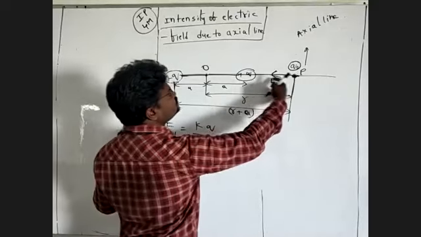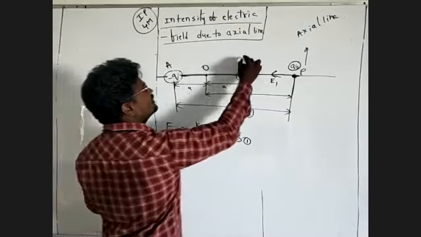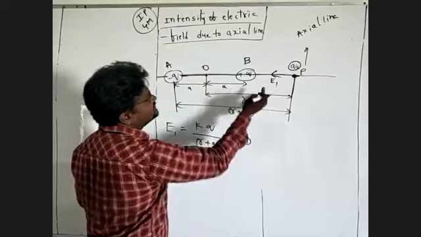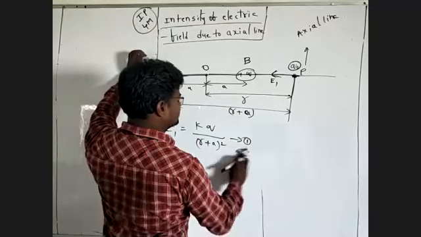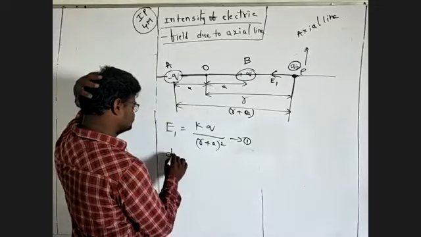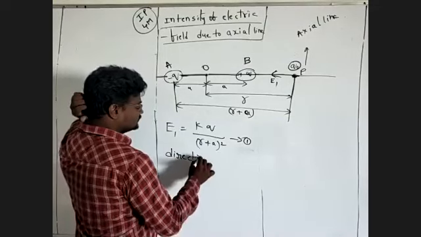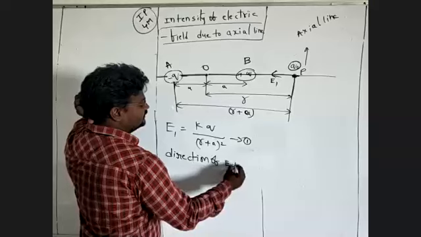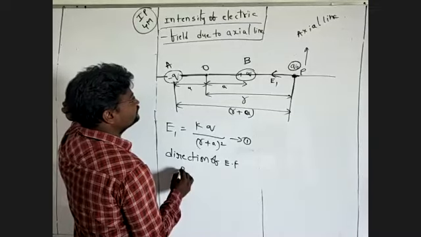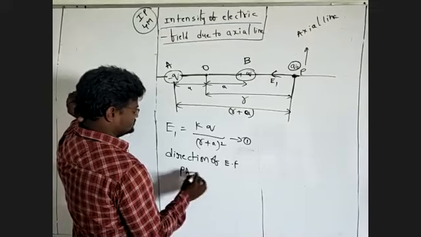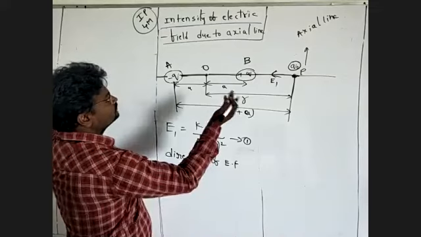Here, this is point A and this is point B. The direction of the electric field is along PA.